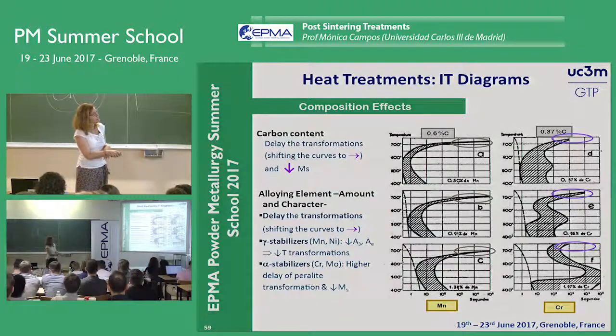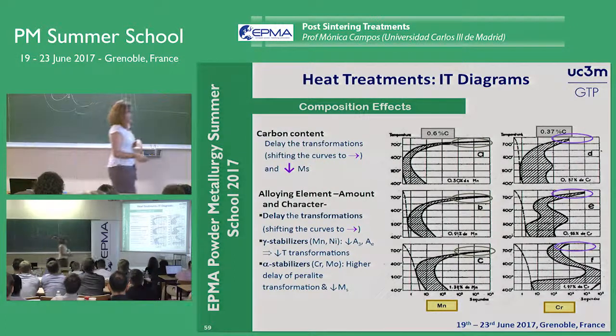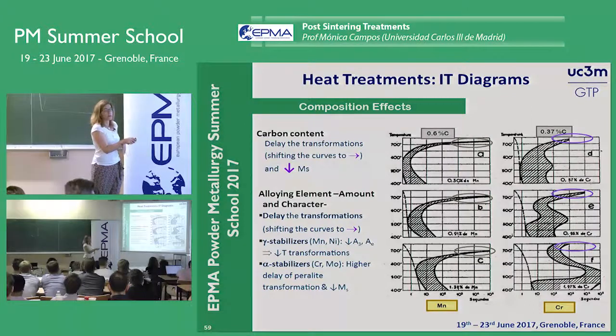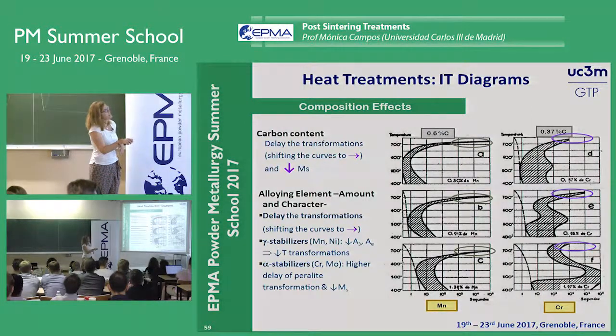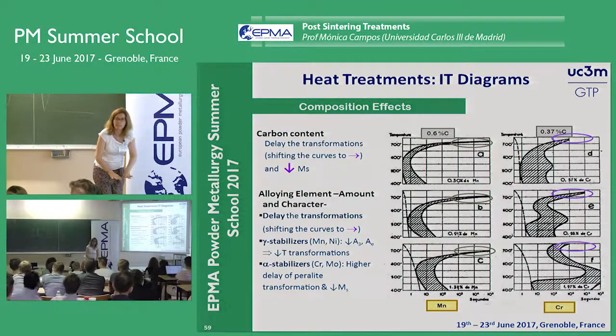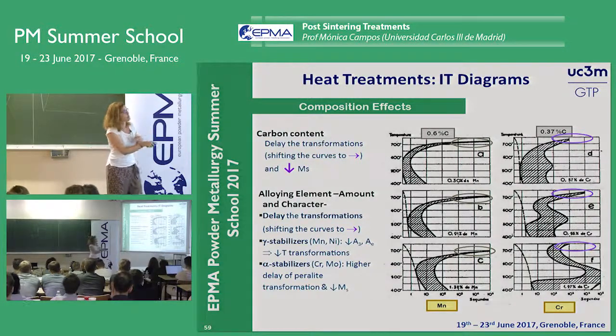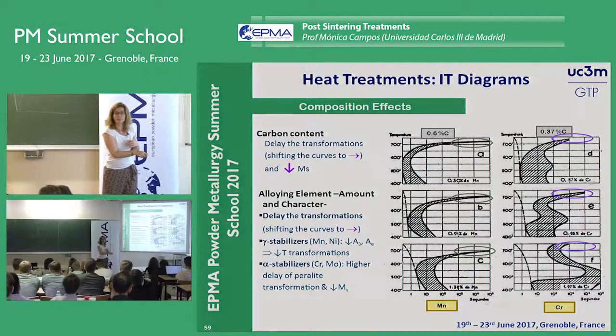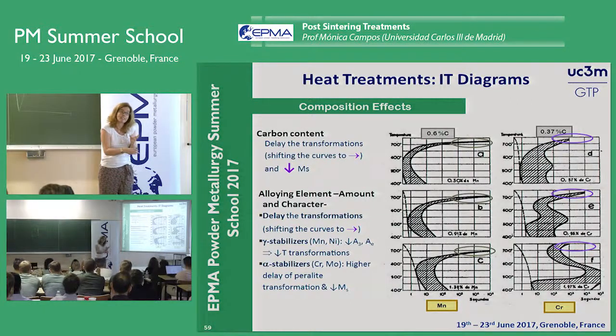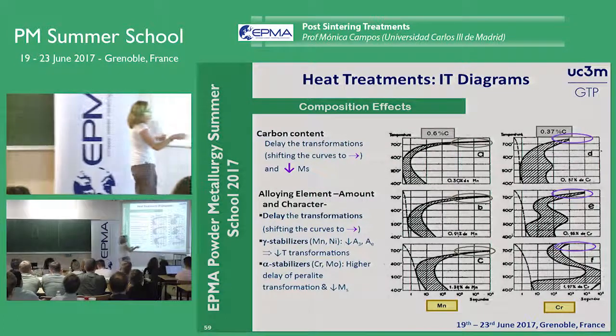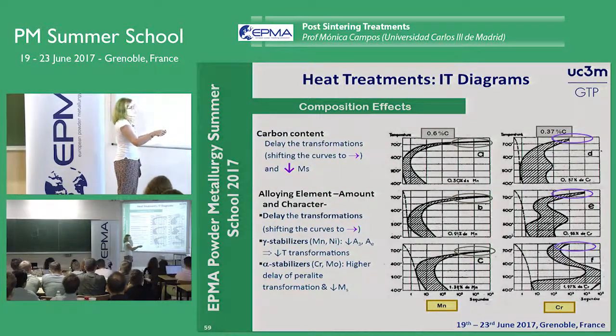Let me show you the difference between the gamma stabilizer and the alpha stabilizer. This is the critical temperature, the upper critical temperature. If we consider a gamma stabilizer, then the critical temperature is going to decrease because the region of the austenite is bigger. It's just the opposite that is happening when we consider chromium. Chromium tends to decrease the region where austenite is stable, and also delays the transformation of pearlite.